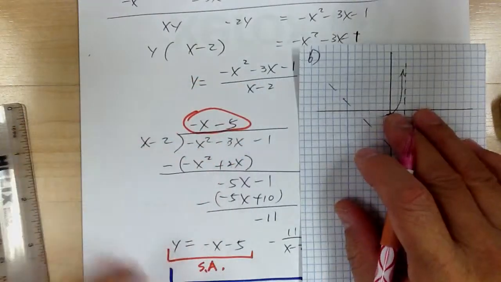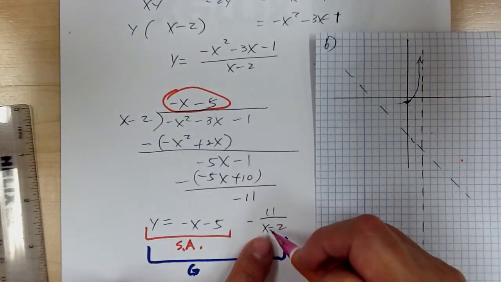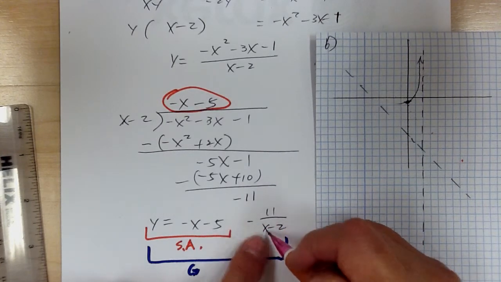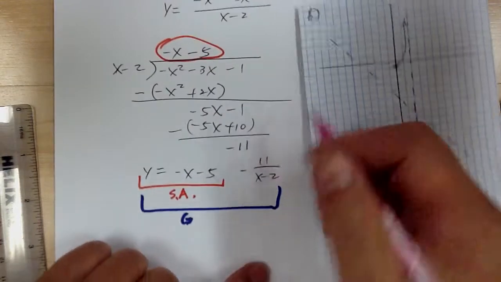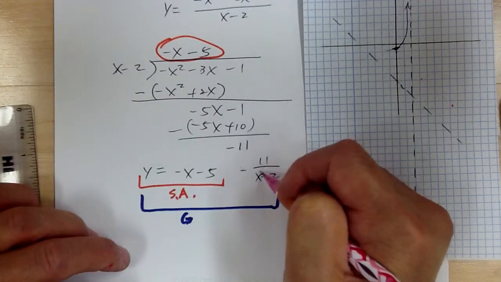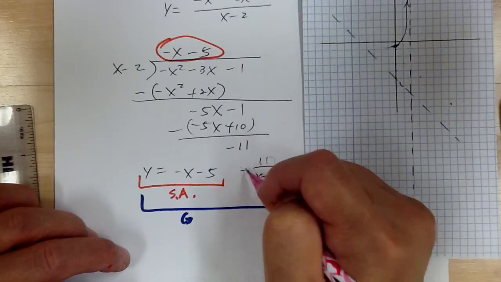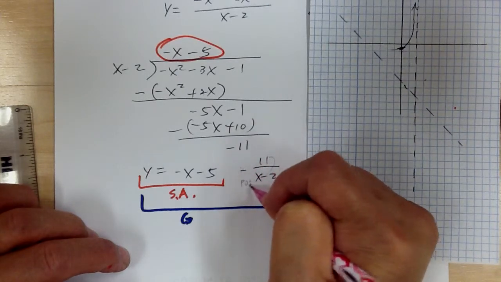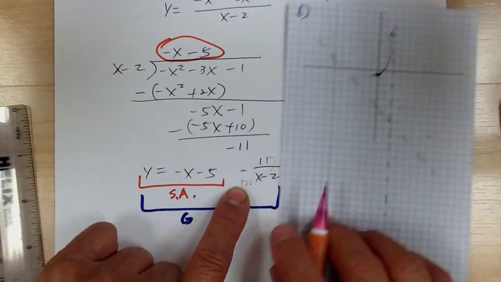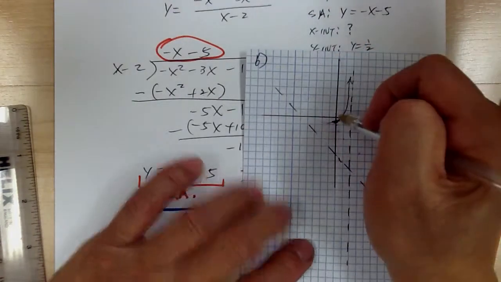When x is negative, this is going to be negative, and negative becomes plus. You can think about x equal to negative a million, for example. Negative gives you positive, so the graph is asymptote plus, which means it's above.